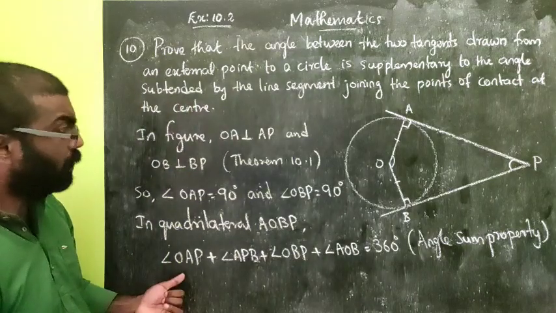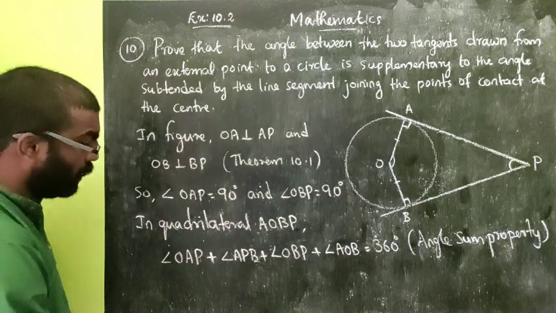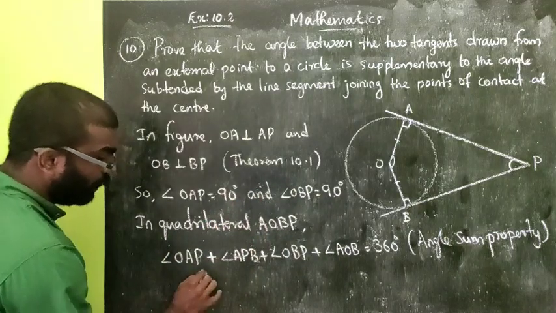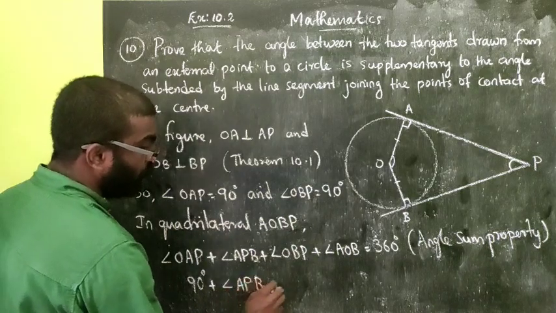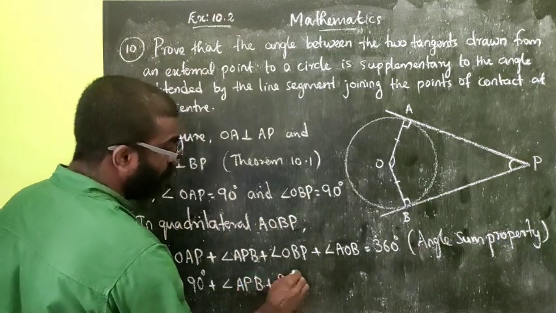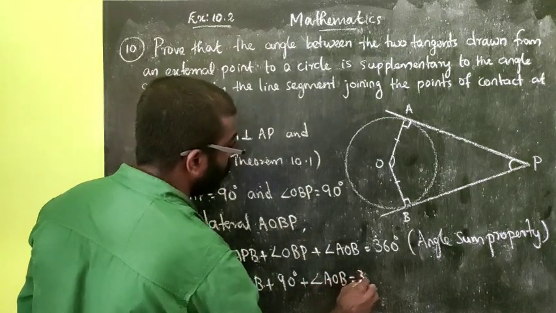Now we can put the values of OAP and OBP, both are 90 degree. So here OAP 90 degree, then plus angle APB, then plus OBP also 90 degree, then plus angle AOB equal to 360 degree.